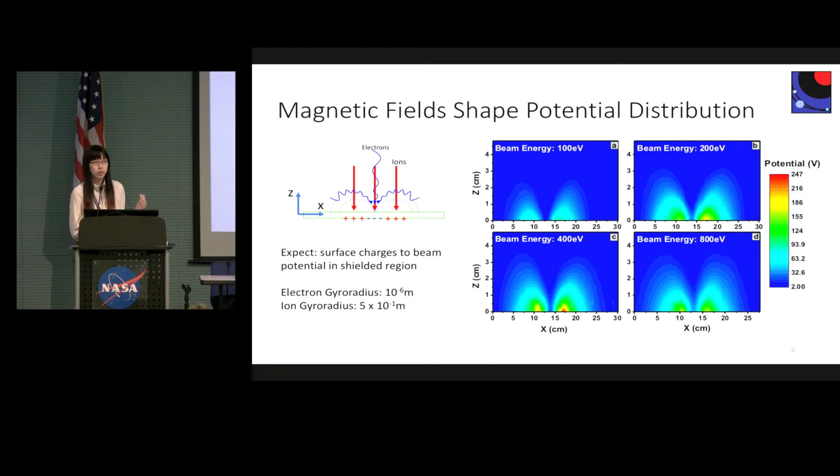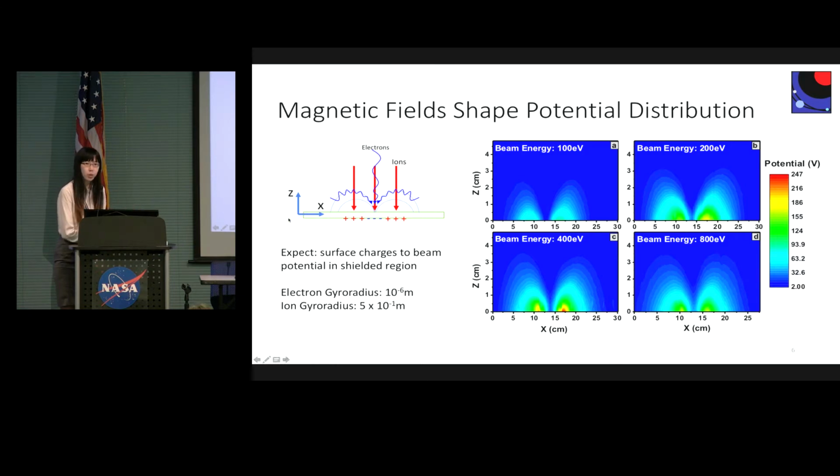So to remind everyone, once again, we expect that ions being heavy are virtually going to ignore the magnetic fields and reach the surface. But electrons being much lighter are going to follow the field lines and are diverted away from what we call the shielded regions. And because of this, we expect there to be a positive charge buildup here in the shielded lobe regions.